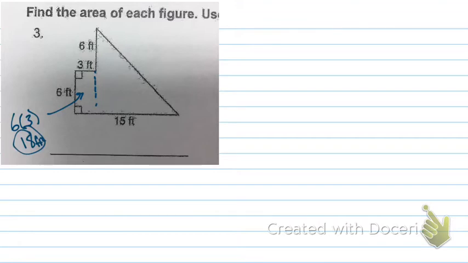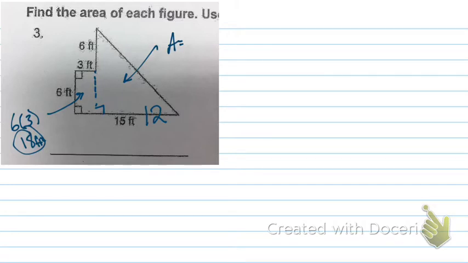Okay. And then for the next one, because now I know my sides, well, actually, first you have to take 3 away. You have to do 15 minus 3. So that would be 12 left in the base of that triangle. And then it's 12 times 6. And then you just divide that by 2.